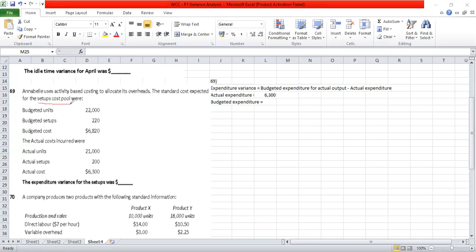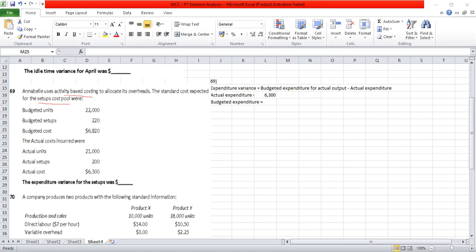Whatever the other student answered, absolutely you're correct. But the question is also mixing activity-based costing into this one. So what you have answered is exactly correct if there was nothing related to the activities; the same concept you apply, but instead of taking the number of units, consider the setups. So first we need to find the rate per setup because they are using ABC for the allocation of overheads.